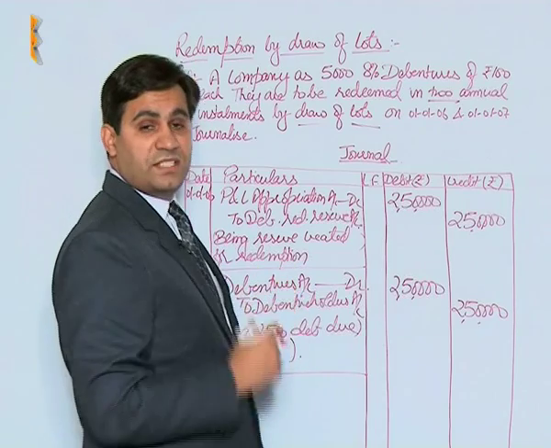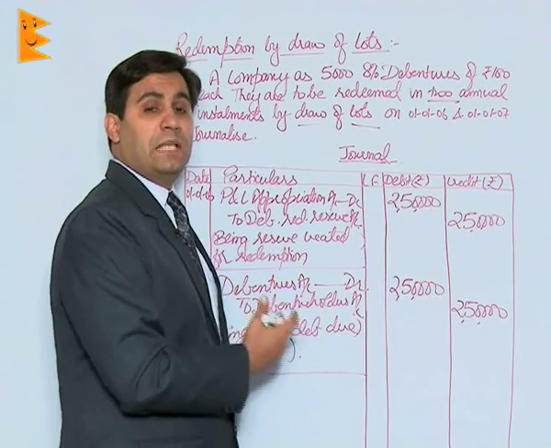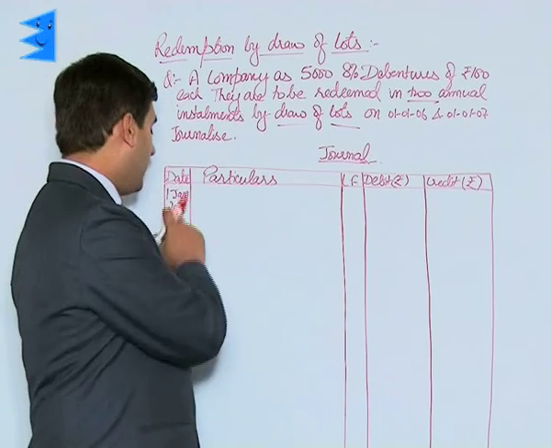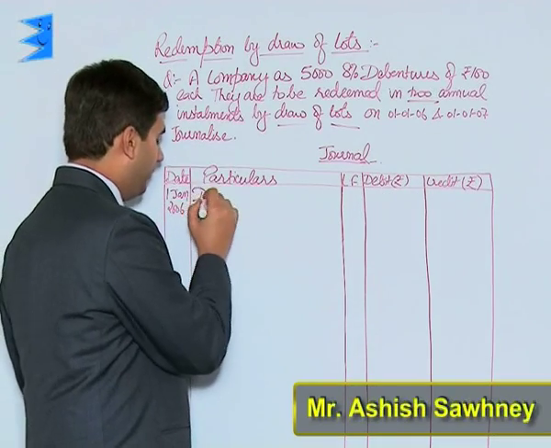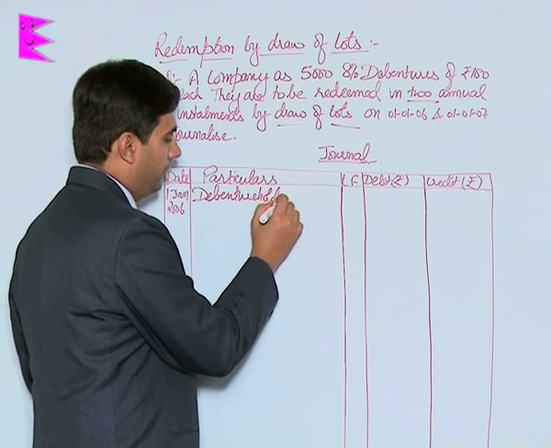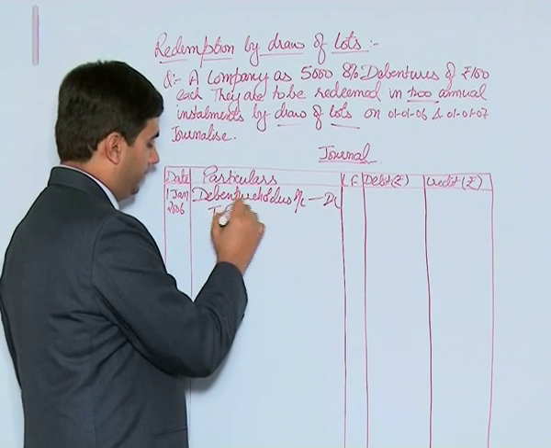Now students, on the same date, we will pass another entry to pay this amount to debenture holders. So on 1st January 2006, the next entry would be debenture holders account debited to bank.